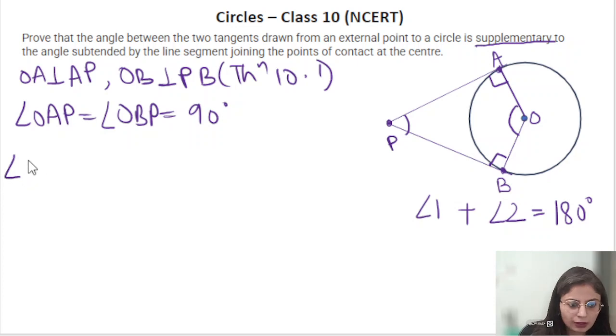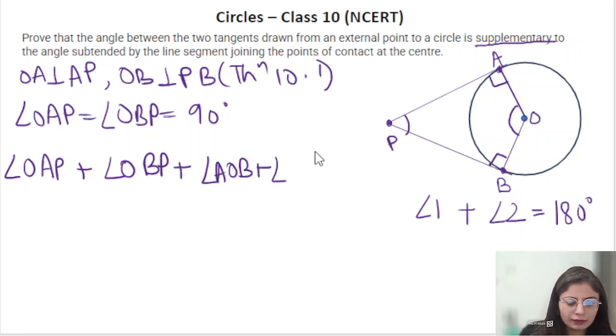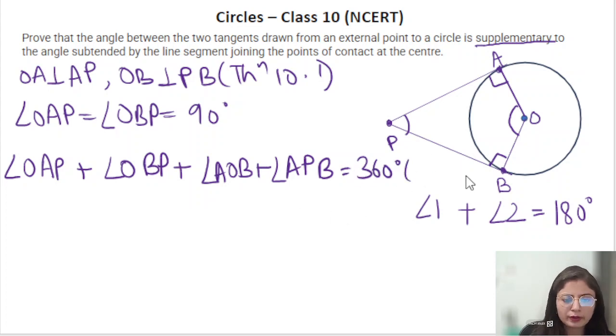So angle OAP plus angle OBP plus angle AOB plus angle APB equals to 360. Using angle sum property of a quadrilateral, you can mention reason here.